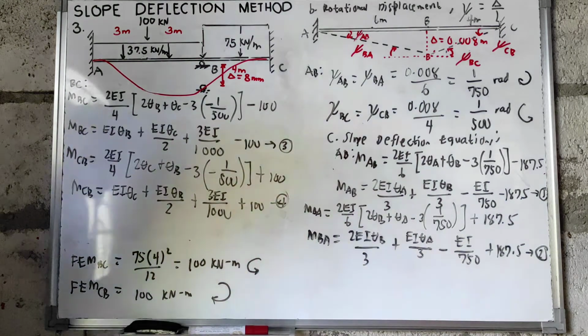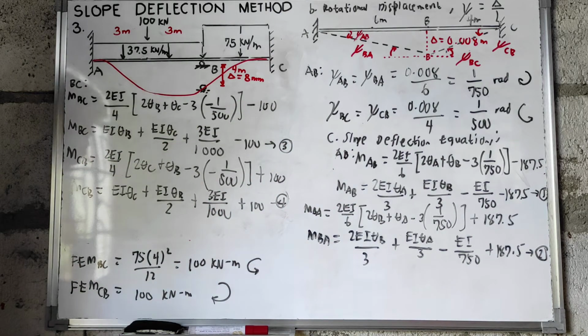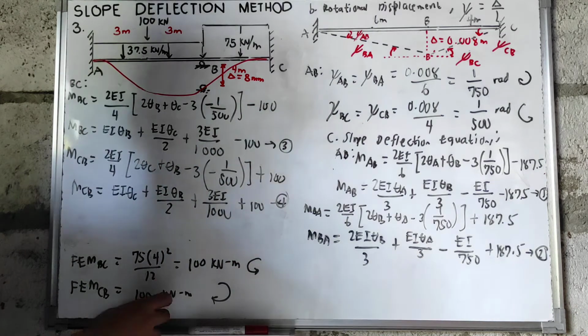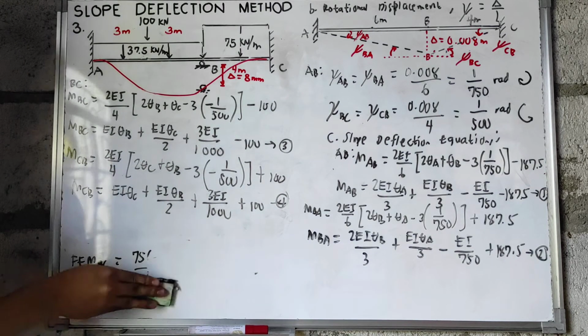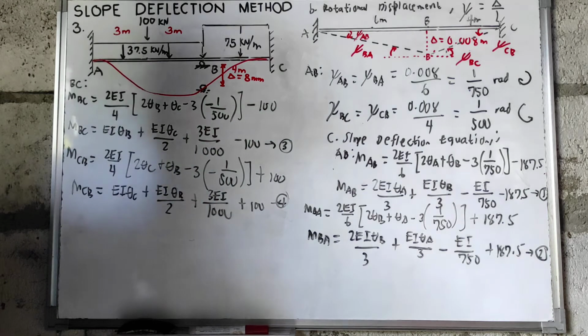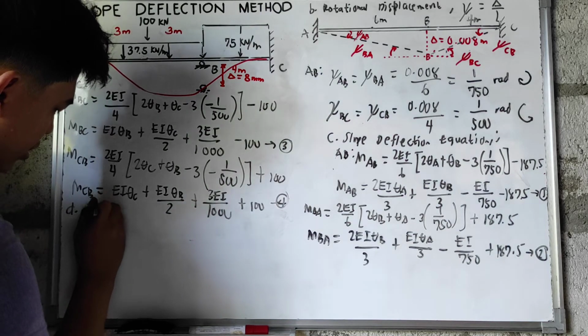So after computing sa mga slope deflection equations natin, we can now move sa mga joint conditions natin. So for this, we will going to apply yung next step natin sa mga joint conditions.